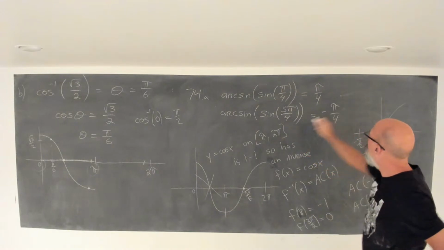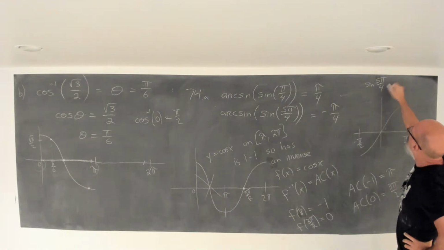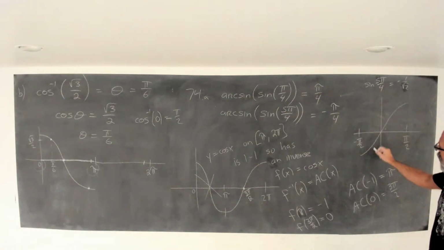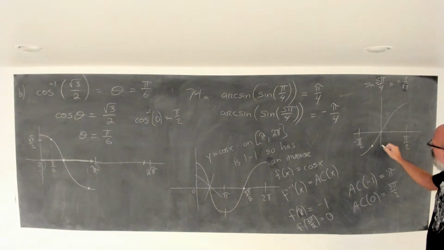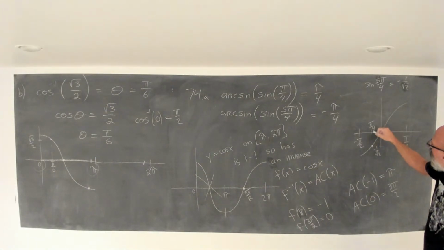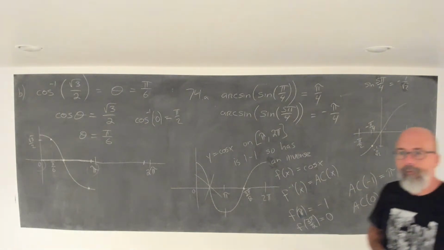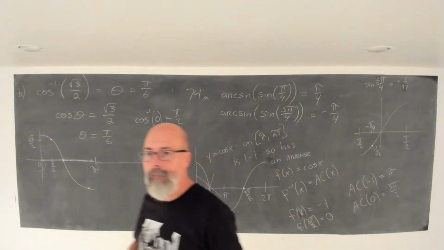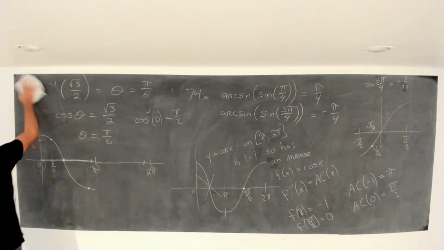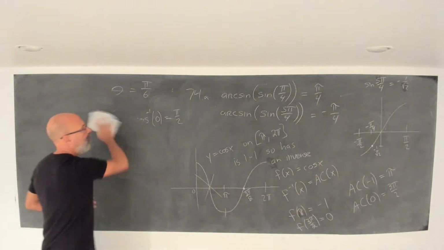Sine of 5 pi over 4 is negative 1 over root 2, which occurs right here when x is negative pi over 4. So negative pi over 4 is the answer.